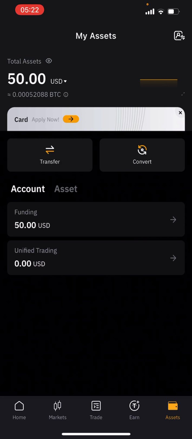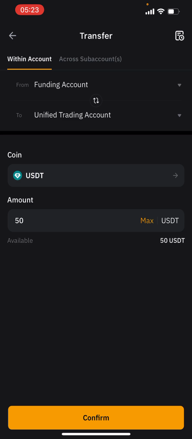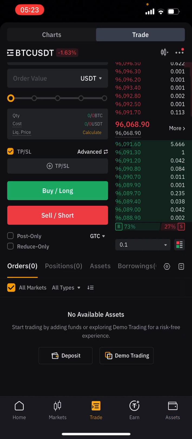So you click on transfer, then you make sure it's from funding account to unified trading account. I'm transferring the full amount, so I'm putting it on max. Confirm. Now transferred successfully. So I go to trade.